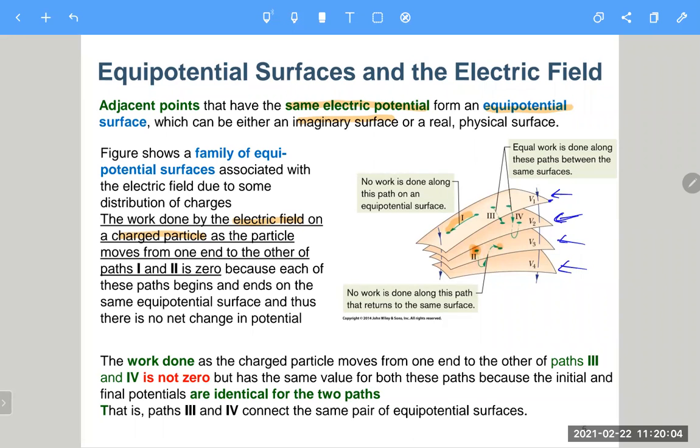Of course, in between, the potential may change. But if you just consider the starting point and the end point, then the path doesn't really matter. You may go like this, or go like that. So the potential change comparing the end point and the starting point is still zero for path 2.